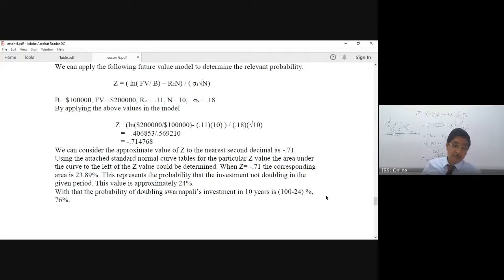So not doubling is only 24%. Therefore, there's a high possibility of doubling Swarnamali's investment in 10 years. That is the idea you can get through the calculation.